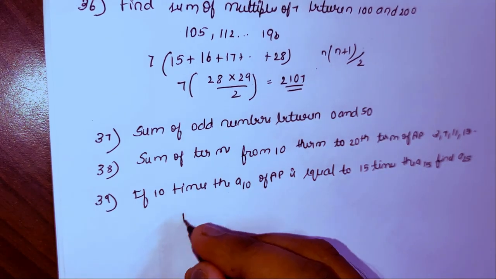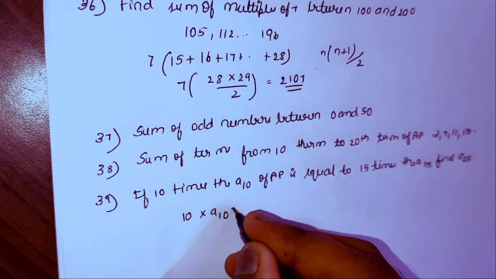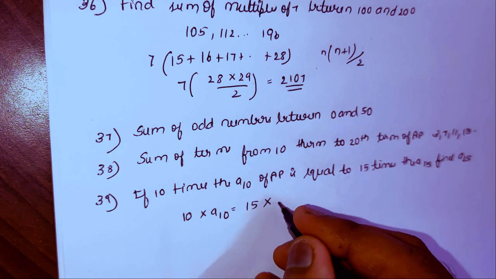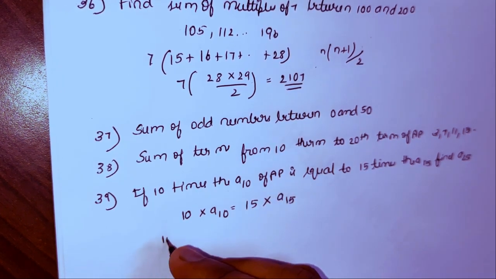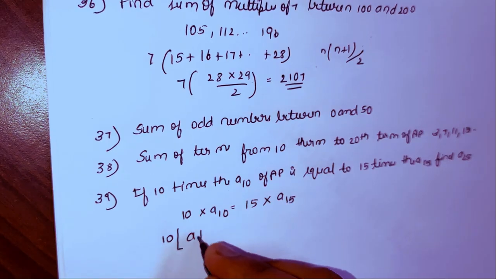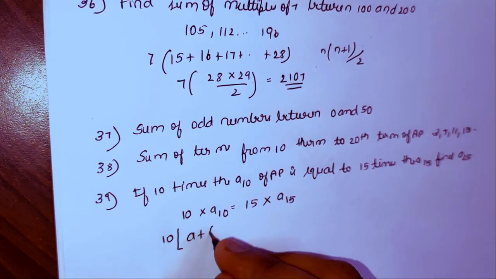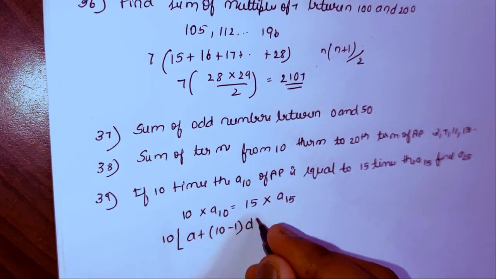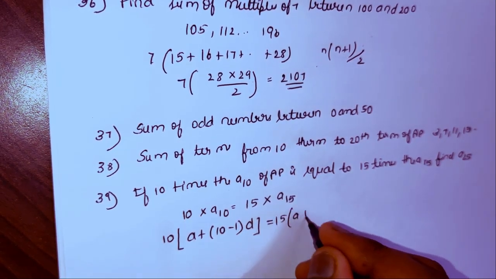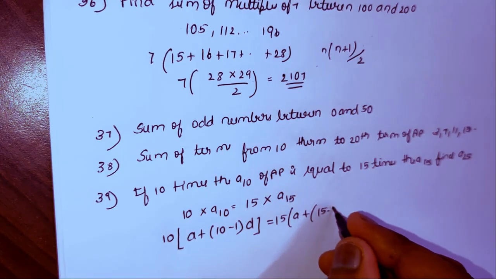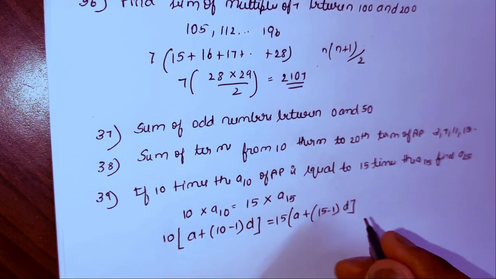Here it is given in the question 10 times the 10th term is equal to 15 times the 15th term. Substitute the formula. 10 into (a plus (10 minus 1) into d) is equal to 15 into (a plus (15 minus 1) into d).